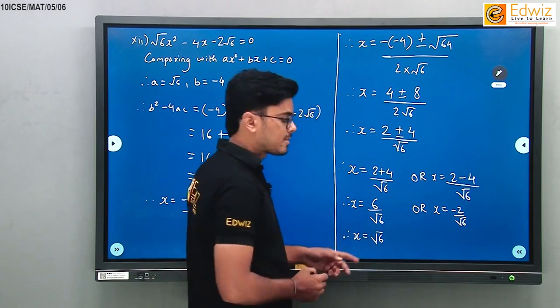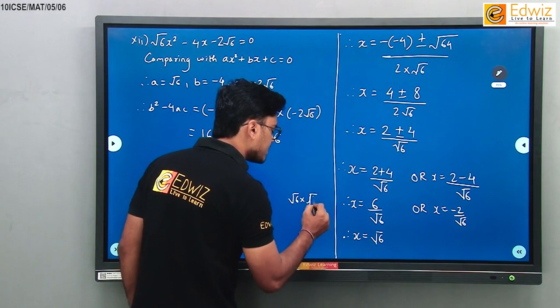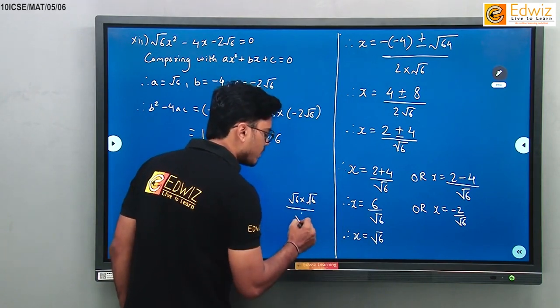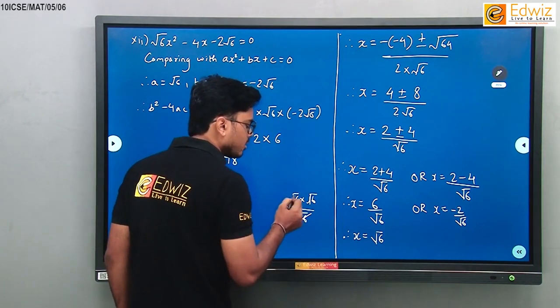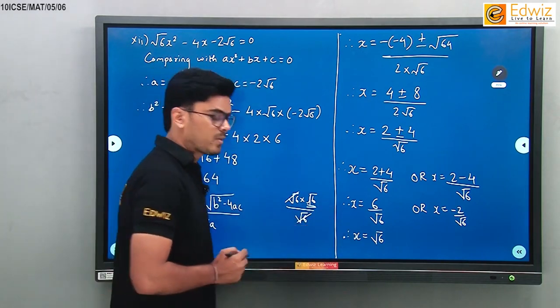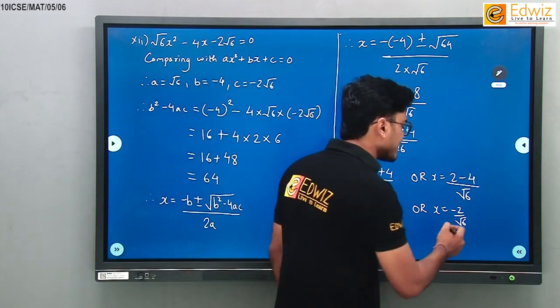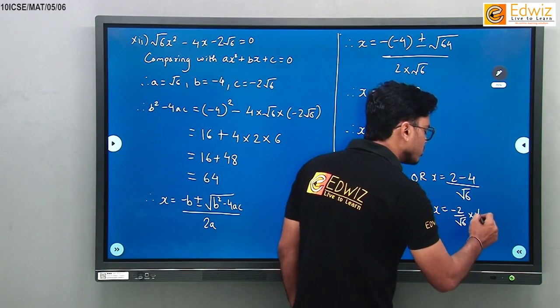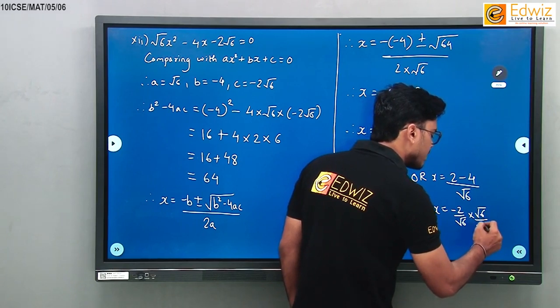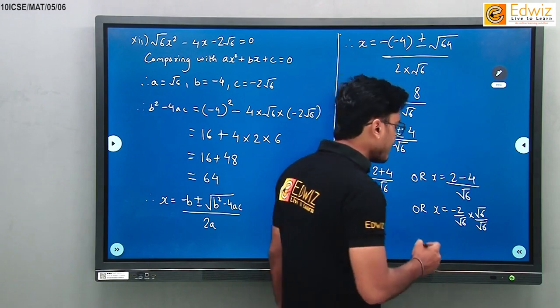I hope you understood this. 6 can be written as root 6 into root 6 because the square of root 6 is 6, and the denominator already has one root 6. This got cancelled. The answer is only root 6. First value. Second value of x is minus 2 upon root 6. So to rationalize the denominator, we will multiply root 6 in both the numerator and denominator. What will happen then?